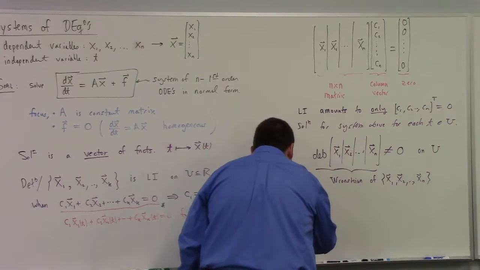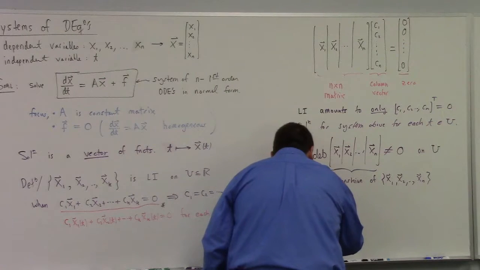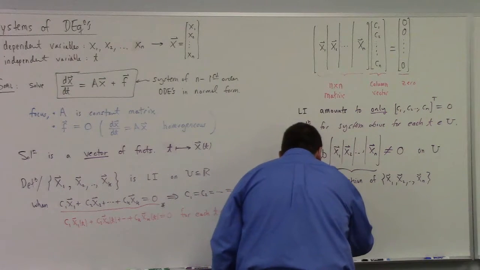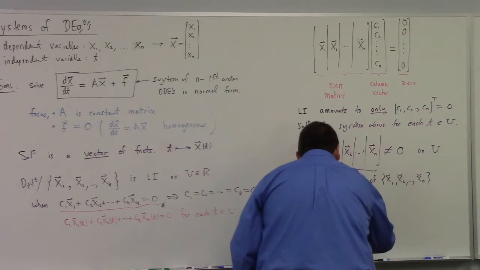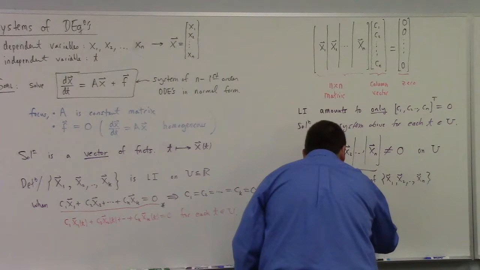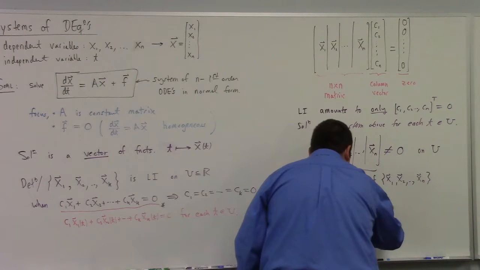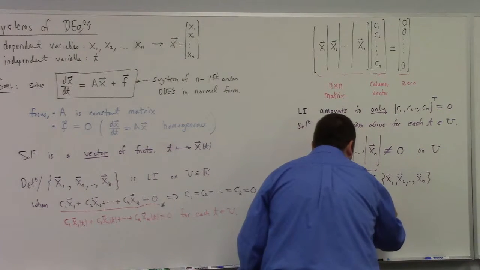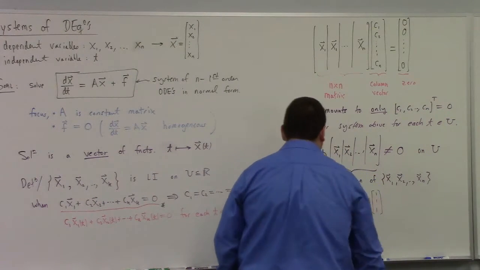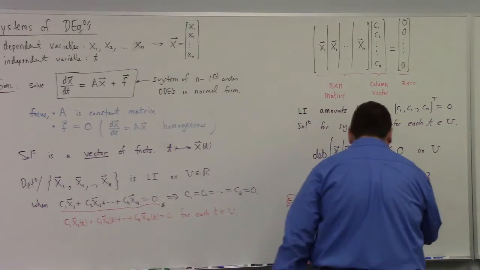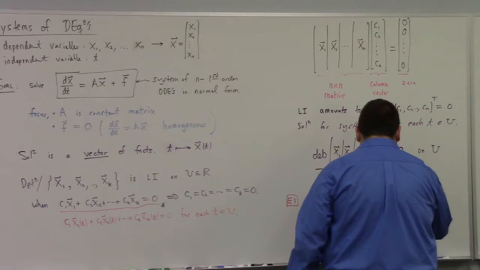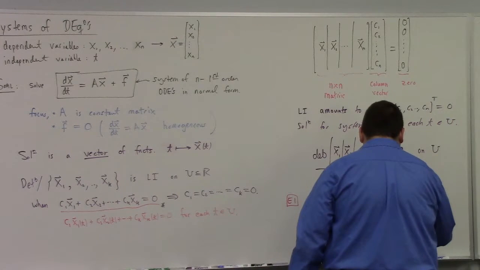Example, we could have x1 equal to (1, 1, 1). We could have x2 equal to e to the t times (1, 1, 1). In other words, that is just a snazzy way of writing e to the t, e to the t, e to the t.